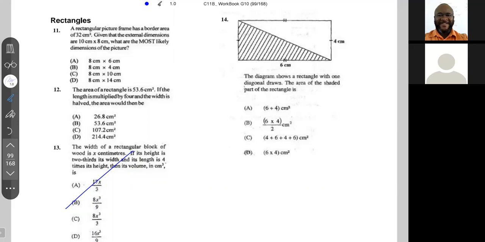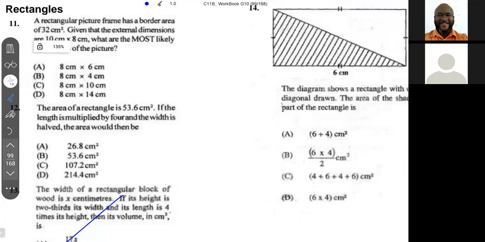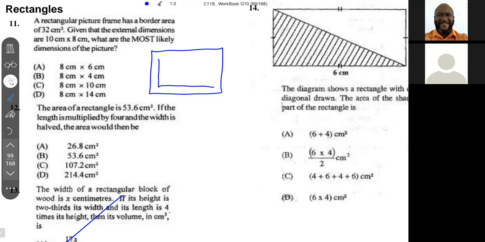So let me explain the question to you. The idea here is that there's a picture frame, and inside the frame, there's the picture. So we have the picture frame and we have the picture inside.